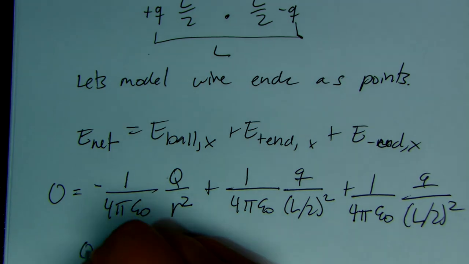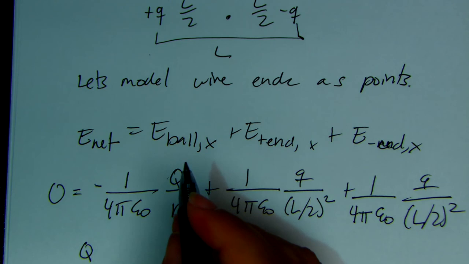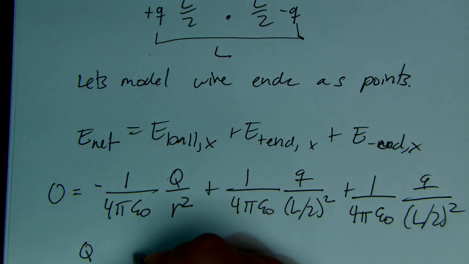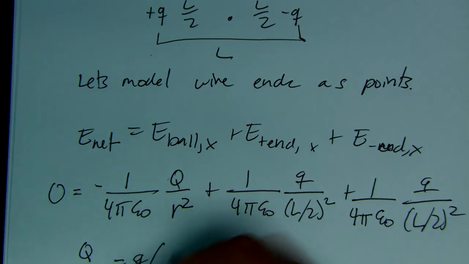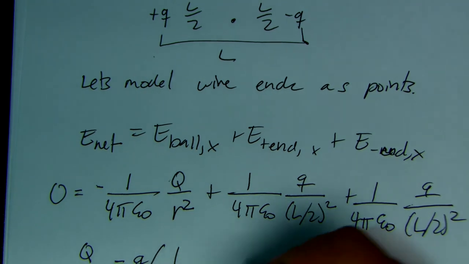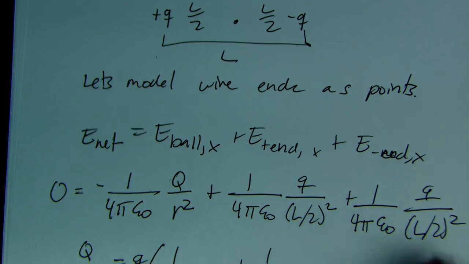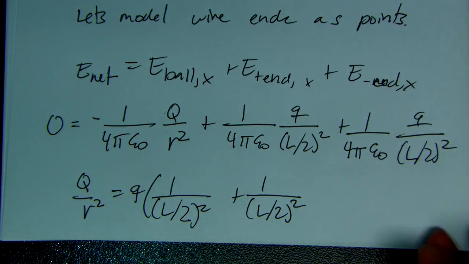And so we have Q over R squared is equal to Q times 1 over L over 2 squared plus 1 over L over 2 squared. All right.